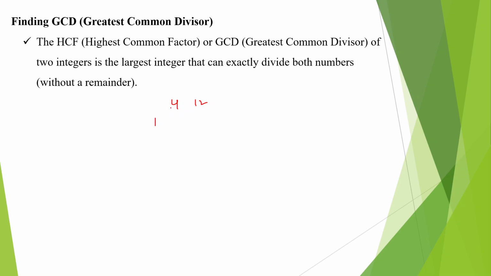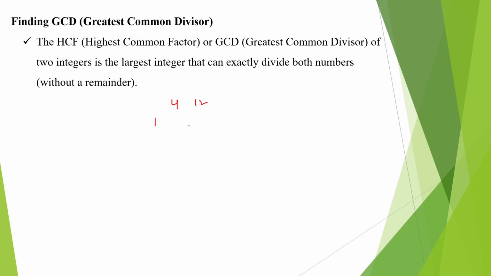I think you might have done this exercise in your elementary schooling, finding the highest common divisor or greatest common divisor or highest common factor. We need to write the factors of 4, and then the factors of 12, and identify which one is the highest, and that will become the GCD.